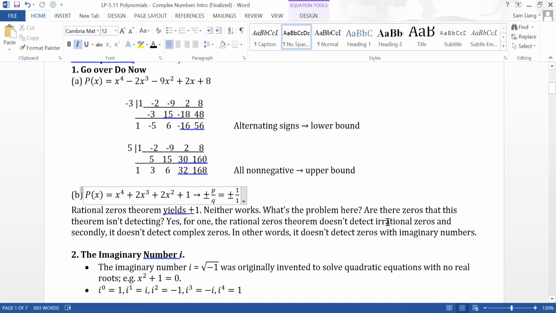In other words, zeros that can't be written as fractions. And secondly, it doesn't detect complex zeros. If there's an imaginary number, that is not detected by the rational zeros theorem. So therefore, this polynomial is going to have either irrational zeros or complex zeros.